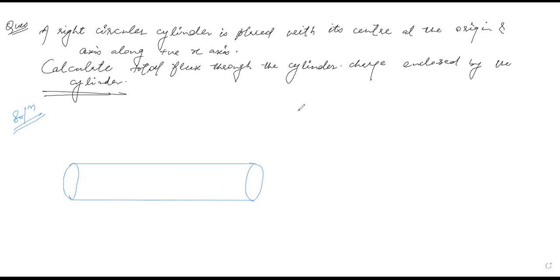According to the question, this cylinder is placed in such a way that its center is at the origin. Suppose that if you draw the coordinate system, this is your plus x-axis, this one is your plus y-axis, and the third one is your z-axis.